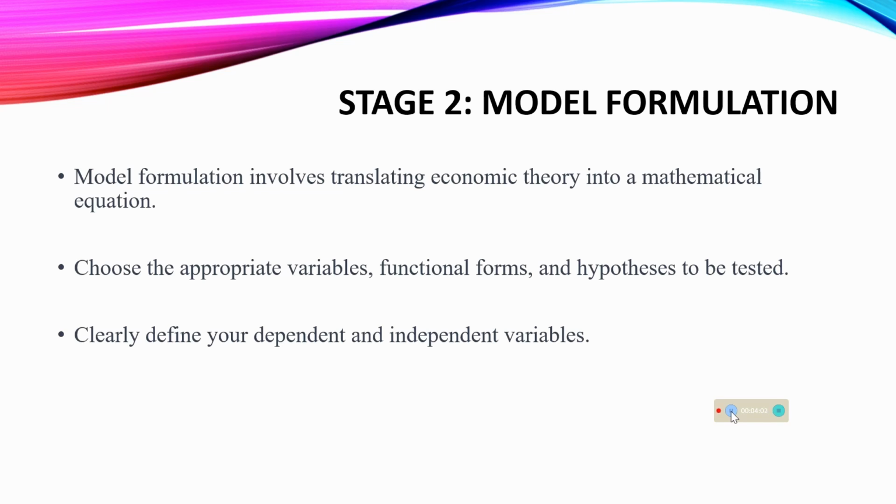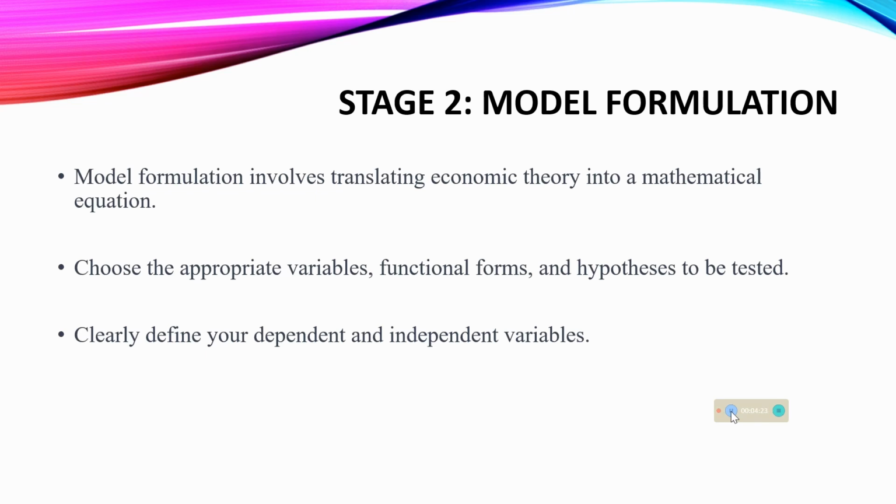After collecting data, there comes the second stage, which is model formulation. Model formulation involves translating economic theory into a mathematical equation. For that, the first step is to choose the appropriate variables, functional forms, or hypotheses to be tested.